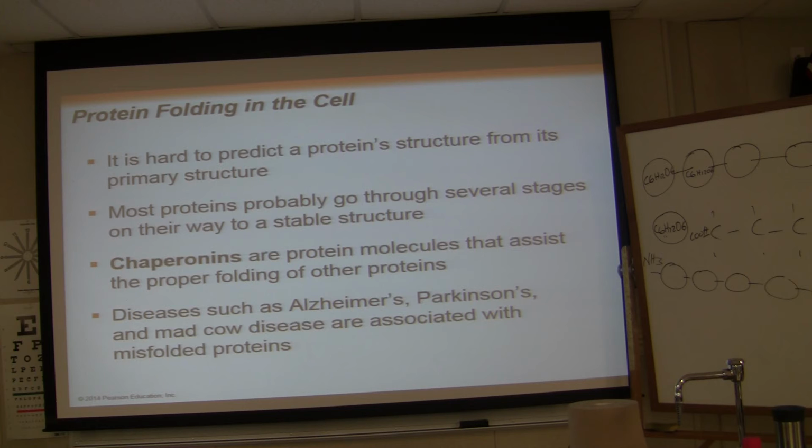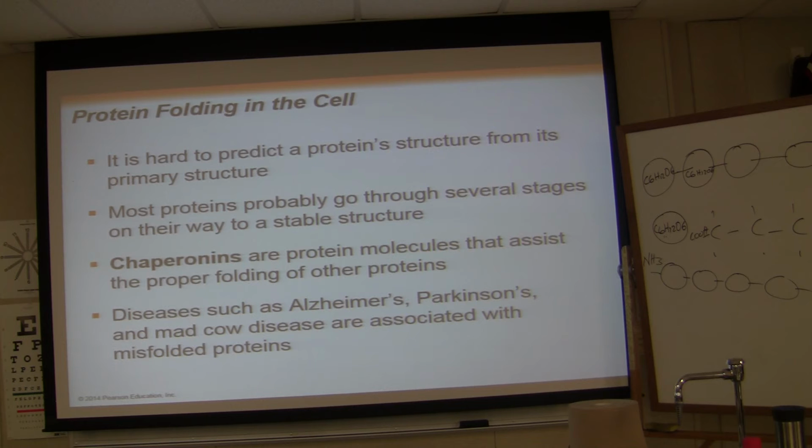Protein folding in the cell: it is hard to predict a protein's structure from its primary sequence. Most proteins probably go through several stages on their way to stable structures. Chaperonins are protein molecules that assist the proper folding of other proteins. Diseases such as Alzheimer's, Parkinson's, and mad cow disease are associated with misfolding.